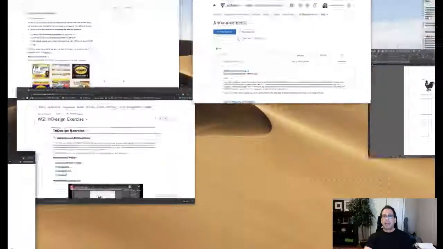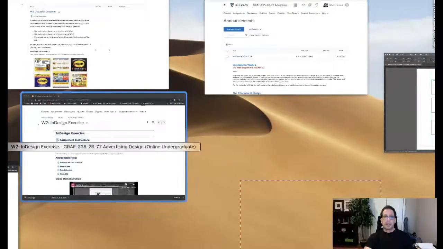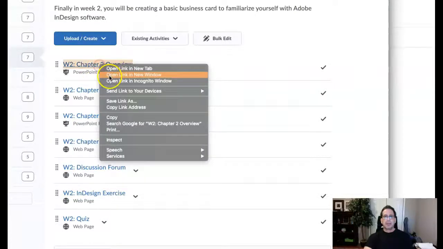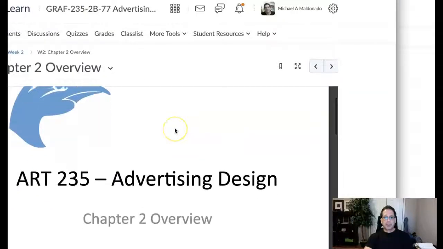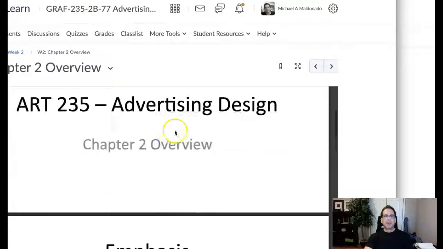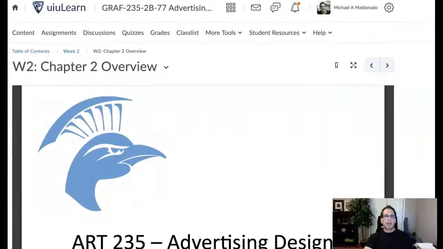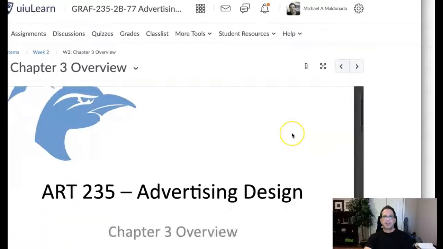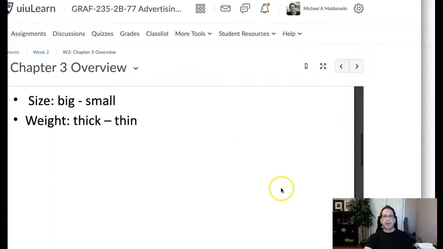Okay, it's pretty important. If we take a look at the overviews, we'll see that the week two overview is specifically dealing with, okay, so now you can see exactly how slow my computer is. Okay, so emphasis for chapter two overview, and then of course for the chapter three overview, we are going to jump into the principle of contrast.